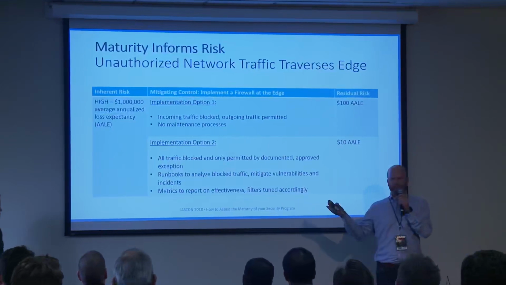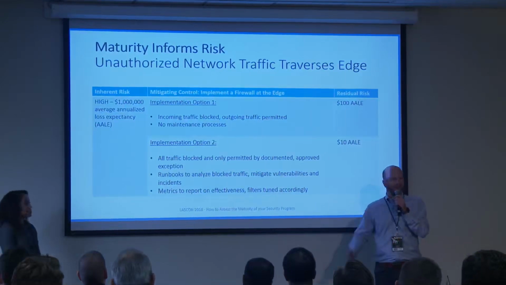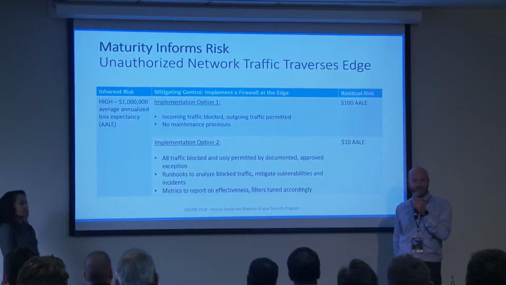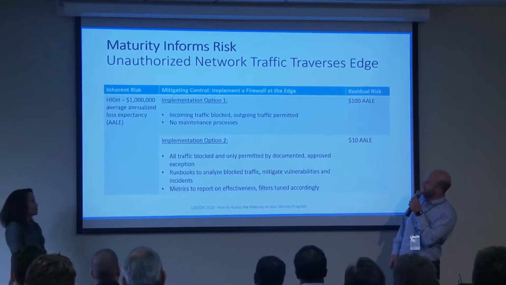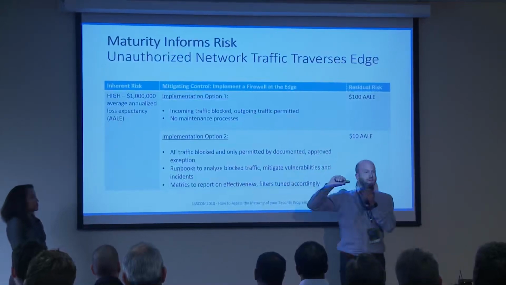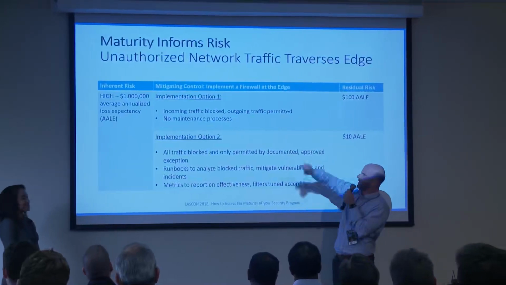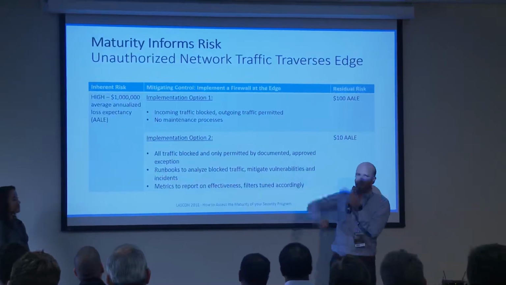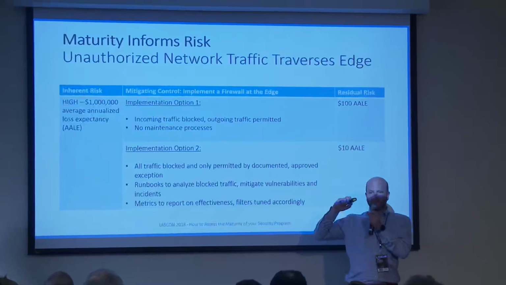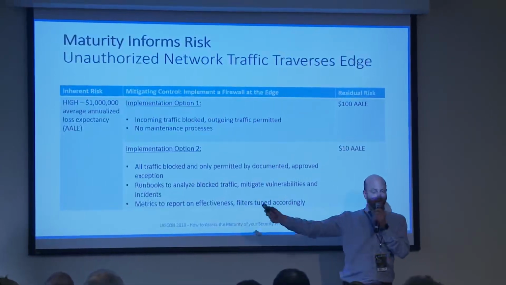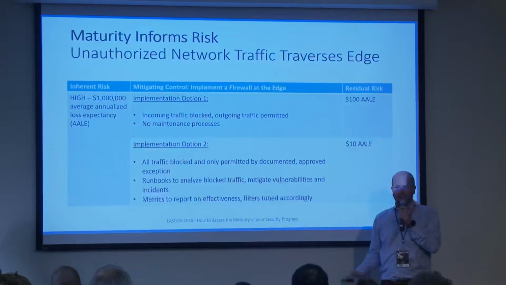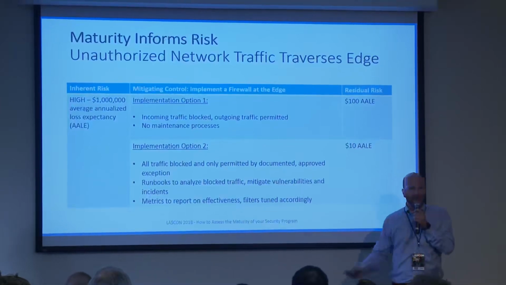Pretty typically, I'd put in a firewall, right? Segment my internal networks from the external internet. And I put two options in here. One option for a firewall is we'll put a firewall at the edge. All incoming traffic from the internet is blocked. All outgoing traffic from our networks is allowed. And that sits there and does its job, and we expect it to mitigate this risk.